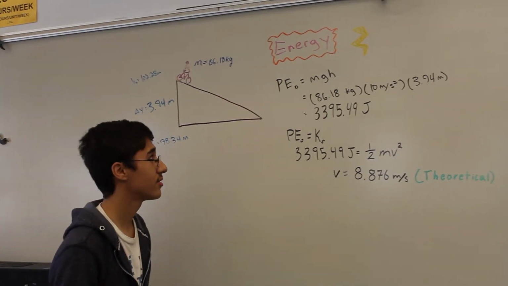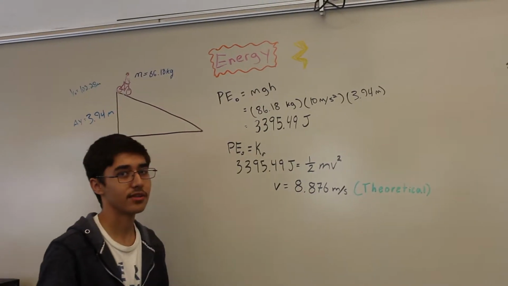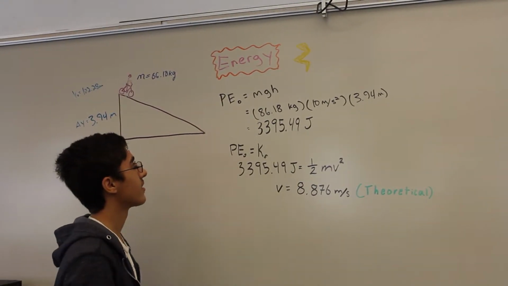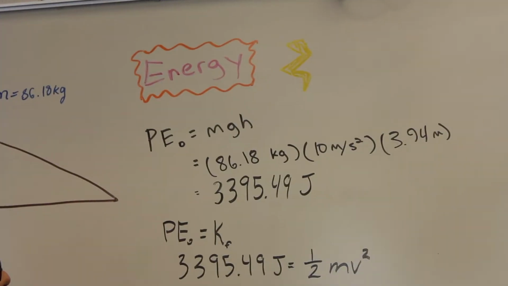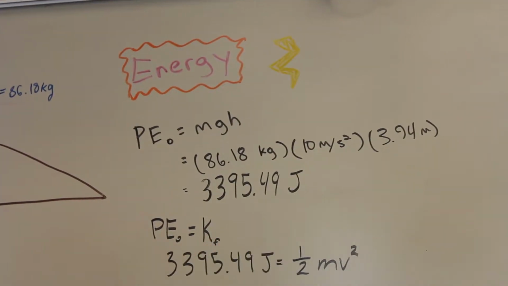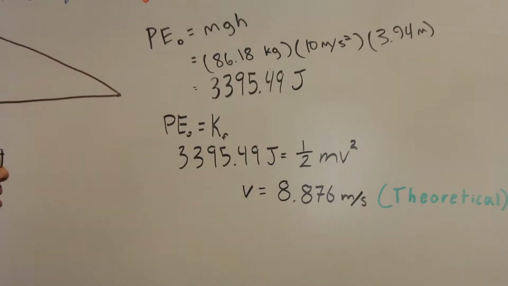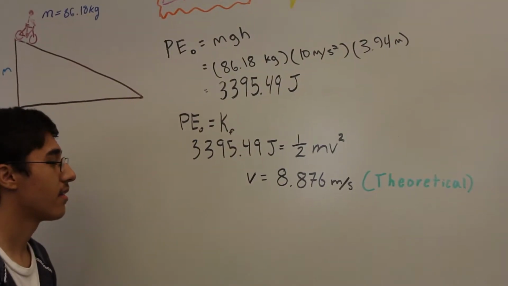Then we went off to use the energy lens, because we know that potential energy is equal to mgh, and we know the mass, gravity, and the height. So we found that it's about 3,000 joules, and with this we went off to find the velocity.